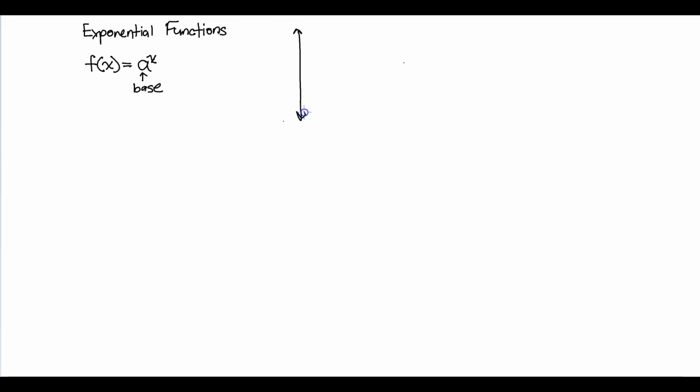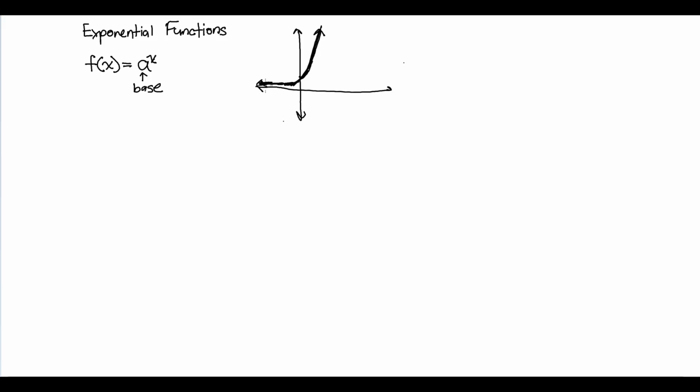Now, you might remember from a graph of an exponential function that once it gets to the first quadrant, it starts shooting up. Although when x starts to get negative, it starts to flatten out and tend towards zero. So that's the typical graph of the exponential function.